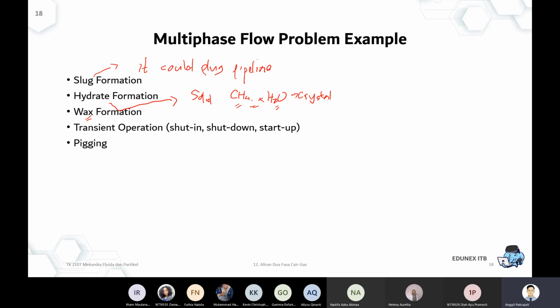Wax is a heavy hydrocarbon, usually higher than C30 H something. Okay, so heavy hydrocarbon that tends to be viscous and also could cause a problem in the pipeline. So yeah, we have a lot of problem with the multi-phase flow. That's why it's actually important for you to have some perspective about the application of this multi-phase flow.